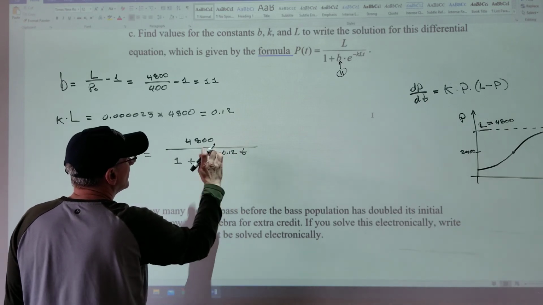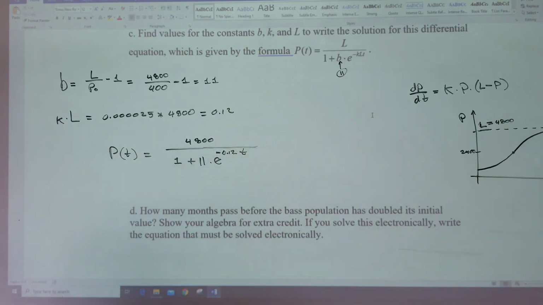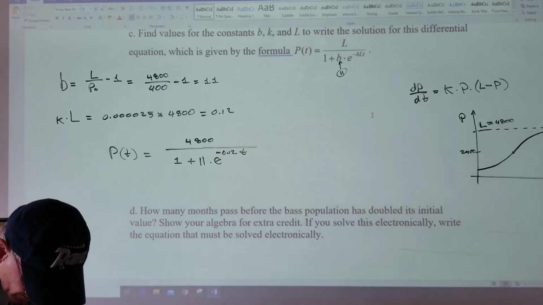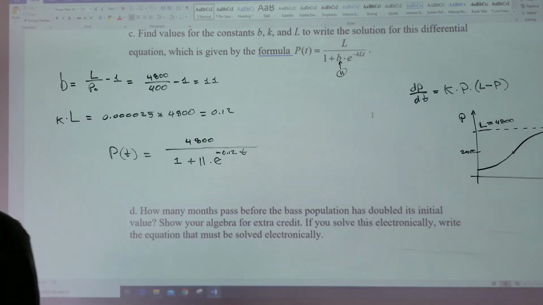I'm going to get that going in my calculator because it's going to ask us a bunch of questions here, I can tell. Actually, I think I already have that in there. So let's move on.